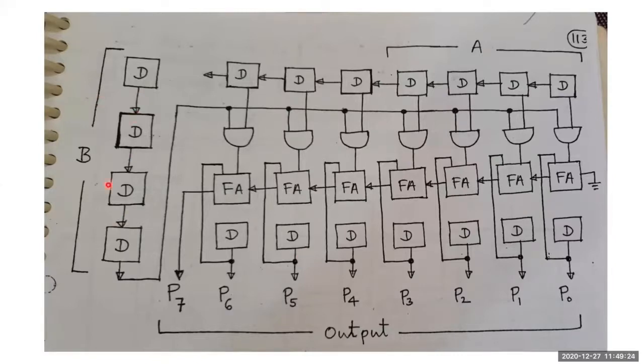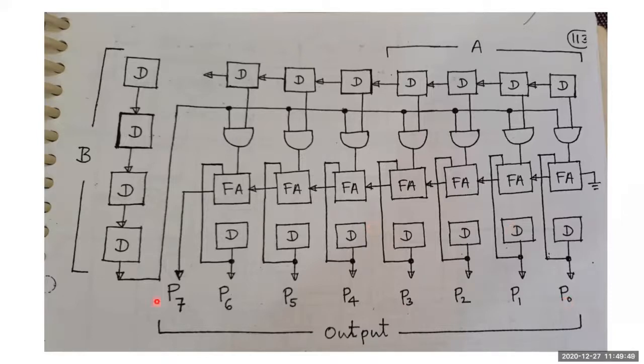This is for the B number, and this is for the A number, and the same operation can be done with the help of the AND operation. And since it is getting 3 inputs, one input is over here, the second input, and the third input comes, so that's why we call it full adders have been used. And again that full adder output is stored in the D flip-flops, and ultimately you produce some output.